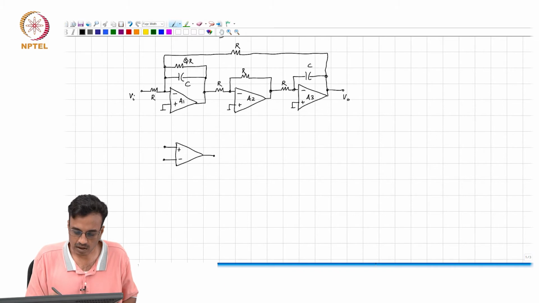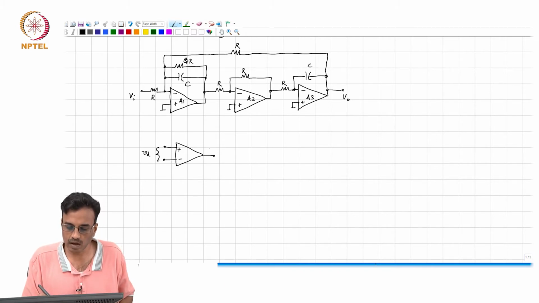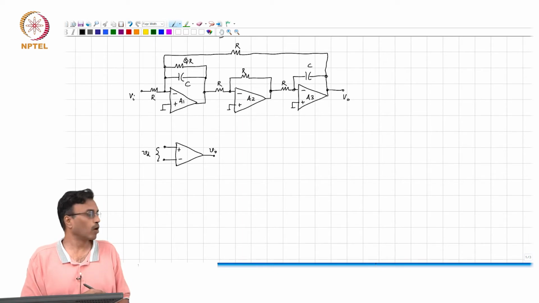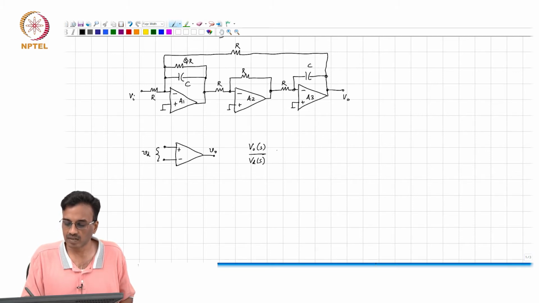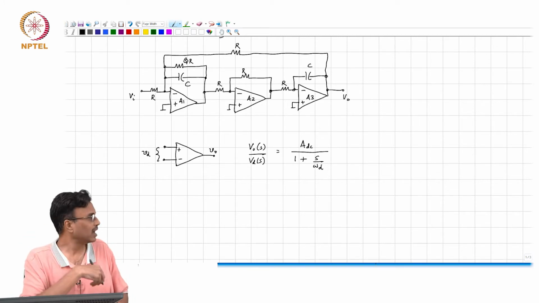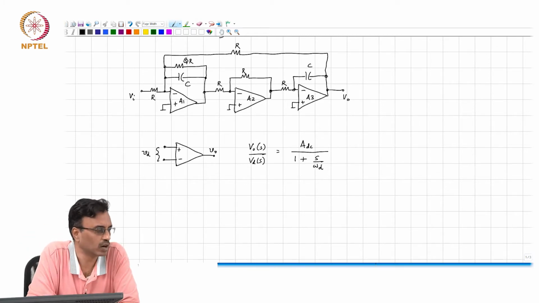If this is the differential input voltage of the op amp, and this is the output voltage of the op amp, the model for the op amp's transfer function is Vo(s) by Vd(s) equals A_DC divided by 1 plus s over omega_d, and this corresponds to a 2-stage Miller compensated op amp, which is probably the most commonly used op amp.